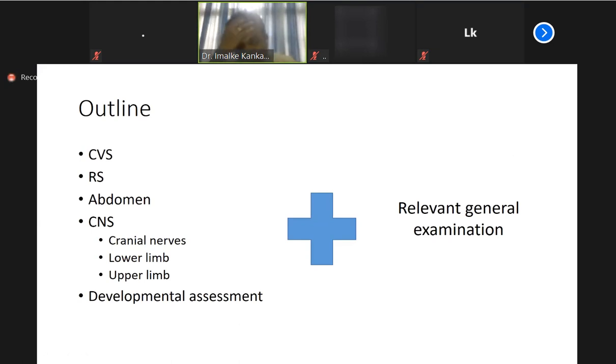So CVS will be the highly likely case because it's very easy to find children with murmurs from the cardiology clinic, and we might call them and get them to this exam. RS will not be a case for this exam.